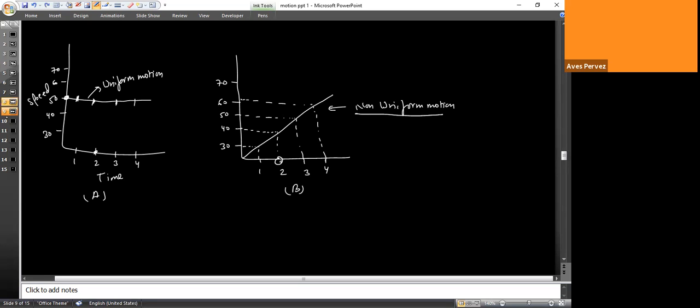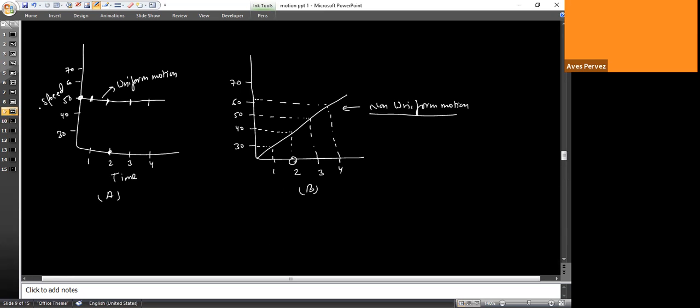Let me use another slide here. Previously I made the speed-time graph. Now let me make the distance-time graph, distance versus time graph.